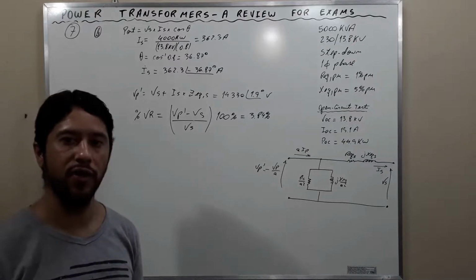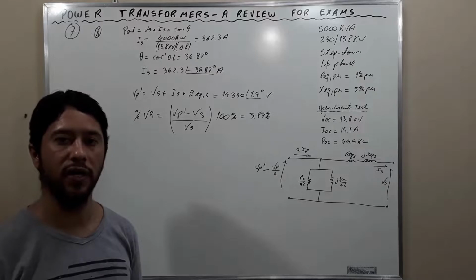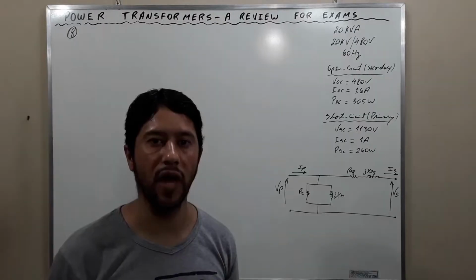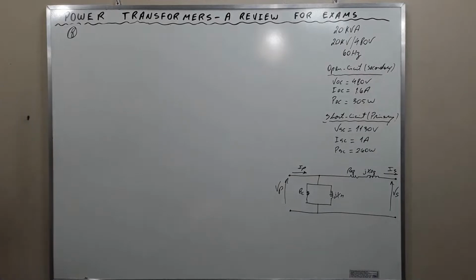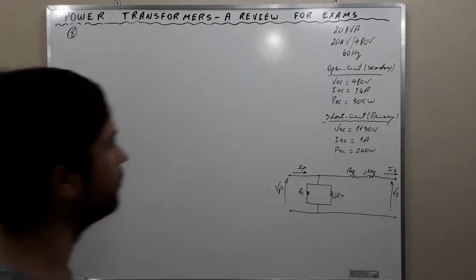Let's go to the last. Let's work on exercise 8. Exercise 8, a 20 kVA, 20 kV, 480 volts, 60 Hertz distribution transformer is tested and the following data is obtained.